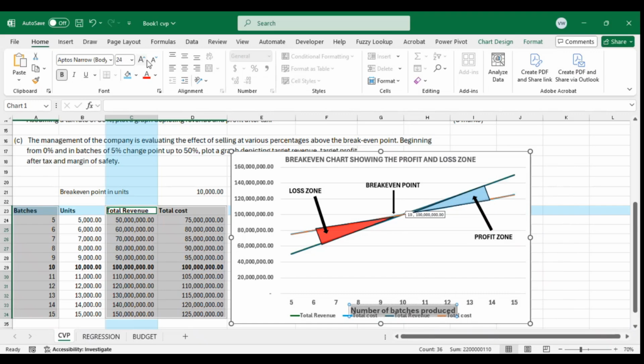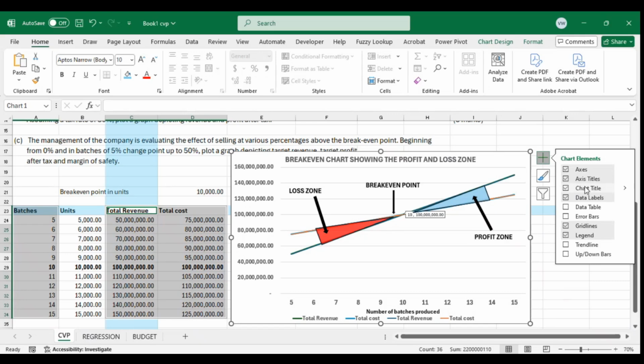You can decrease it. If you wish, you can also give titles to the y-axis. The y-axis, remember, is where we add both the total revenue and the total cost.